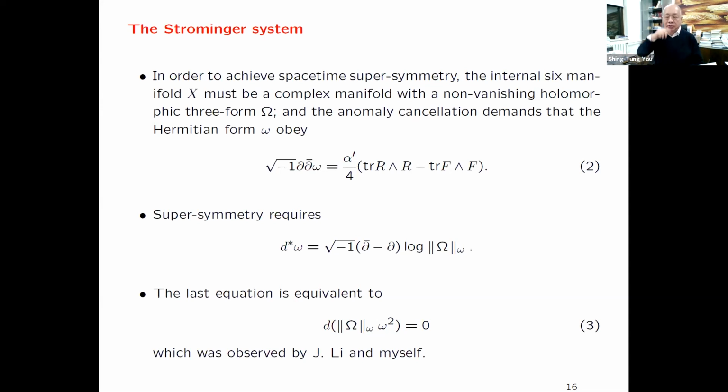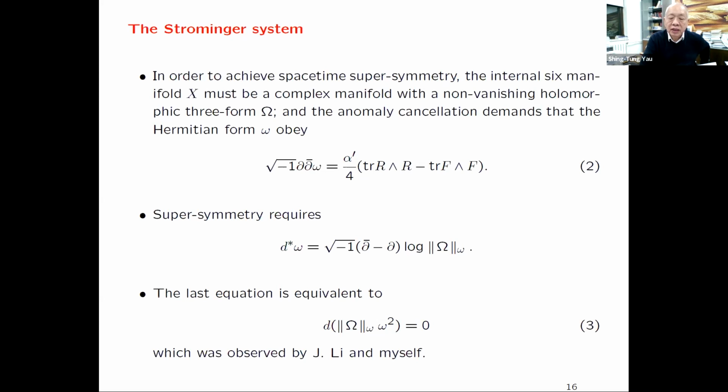This becomes much more transparent for three-folds, namely the norm of Omega conformal to omega squared should be a closed form. So this is good. This now links the balanced metric with the supersymmetry conditions. So omega squared is supposed to be positive definite, and the balanced condition exactly says that this form is closed.